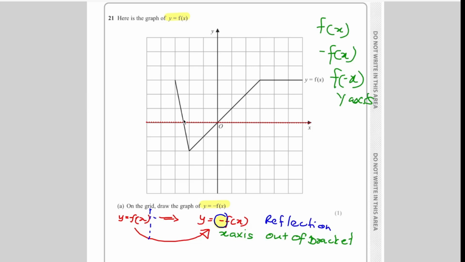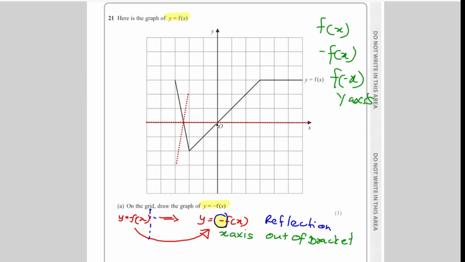Here this part to be reflected this way, and this part to be reflected this way. So altogether it is something like this. This part is this one, this part is this one. So we are done with this line.